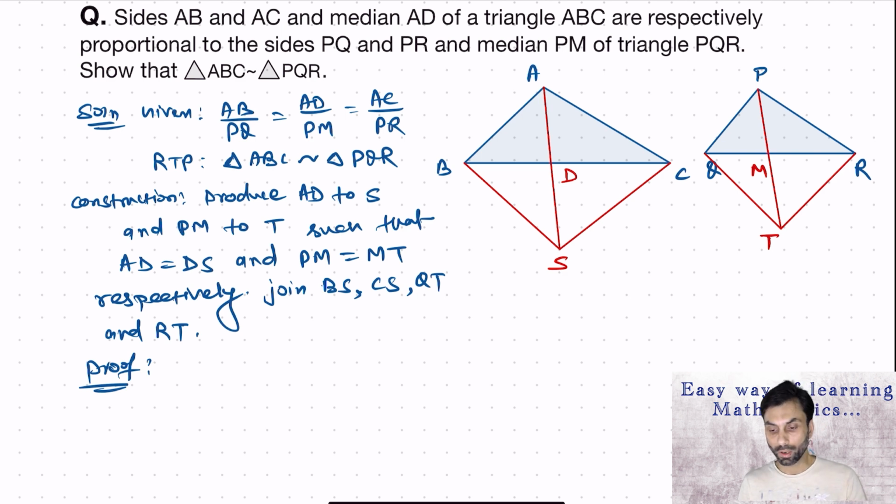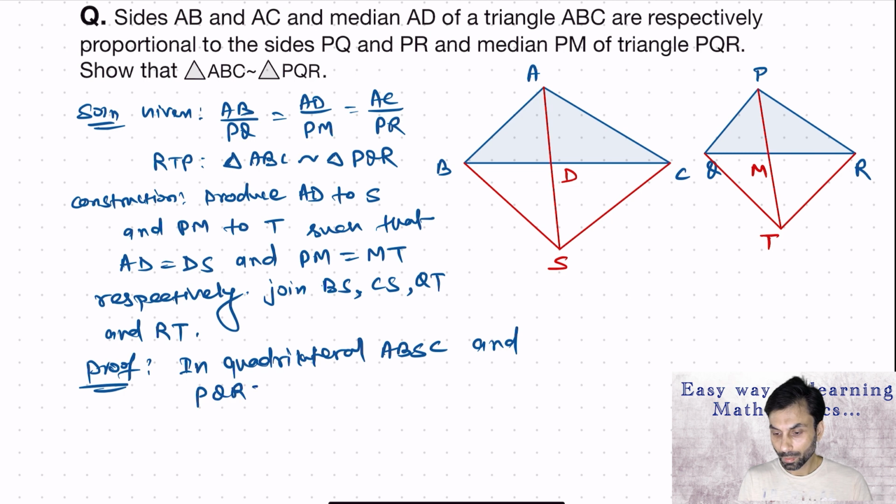So in the proof, we'll say that in quadrilaterals ABSC and PQTR, diagonals bisect each other.